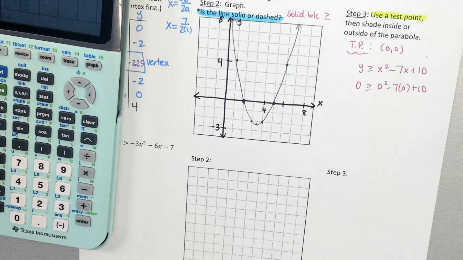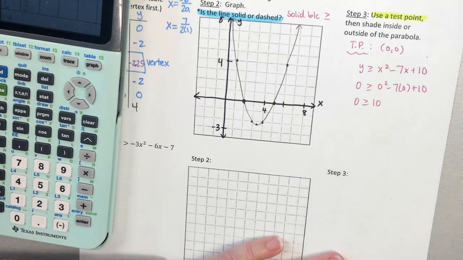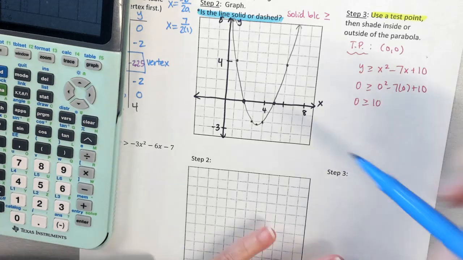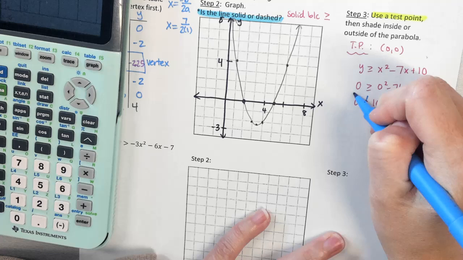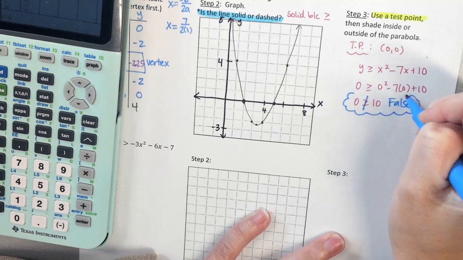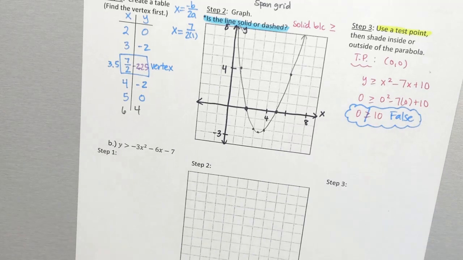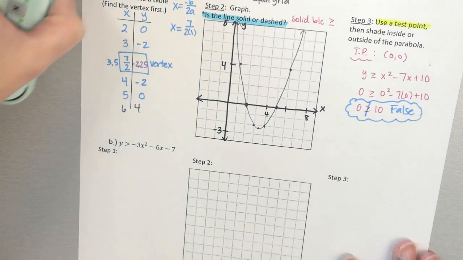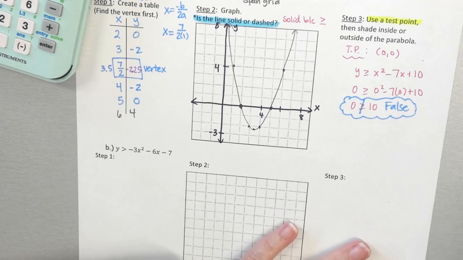Is 0 bigger than 10? No. Okay, so then I want you to write out whether it's true or false. You can put the slash through here. Okay, so I need to see this part. Okay, so you'll have a table, you'll have your graph, you'll have whether it's true or false.